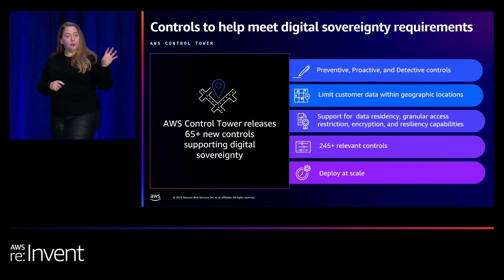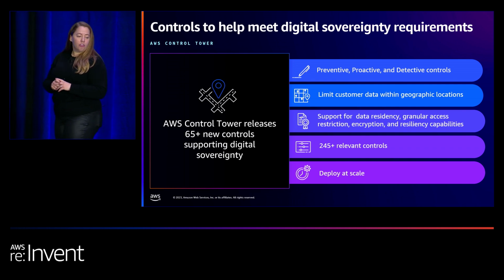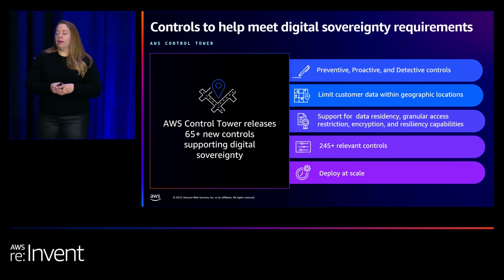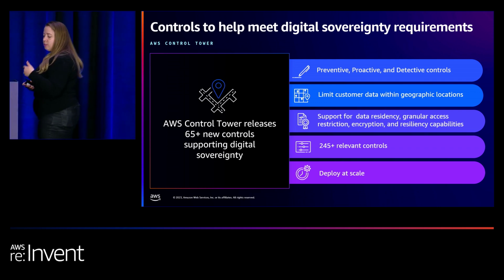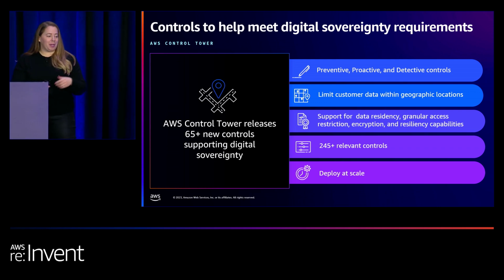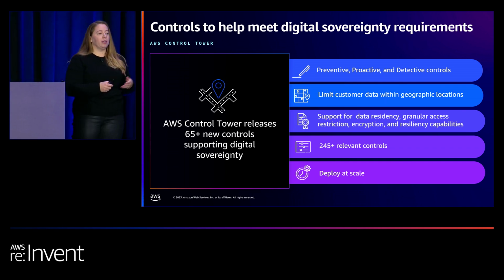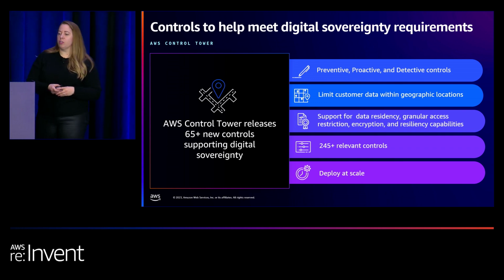There is a new grouping within Control Tower so that you can see all of the 245 plus relevant controls within a category grouping, and that will help you identify what you need to deploy at scale if digital sovereignty is important to you. Because these controls are also mapped back to control objectives, even if digital sovereignty isn't top of mind but, say, encryption is, these controls are also relevant to help you meet your encryption objectives.